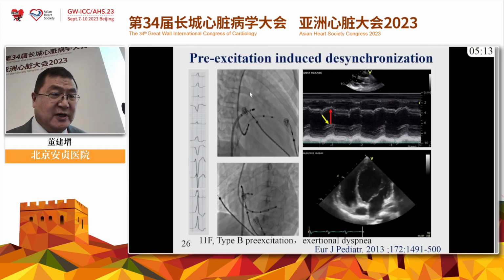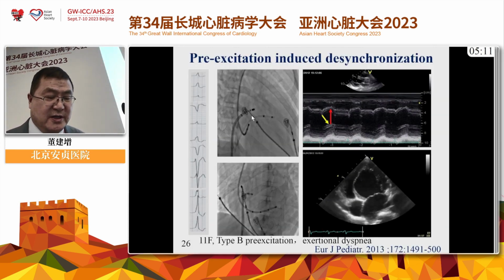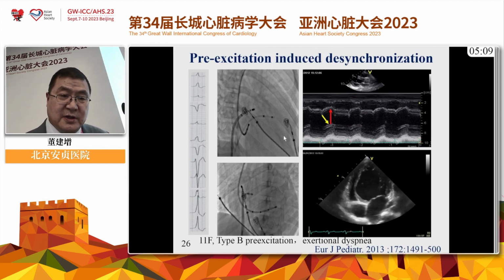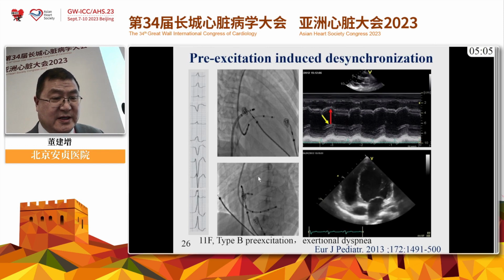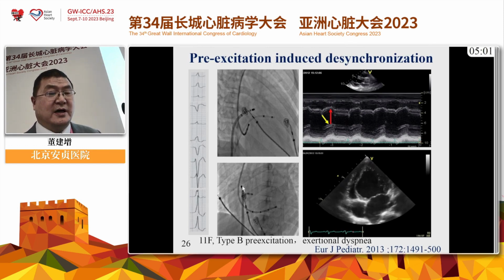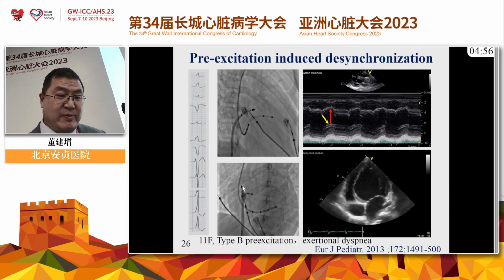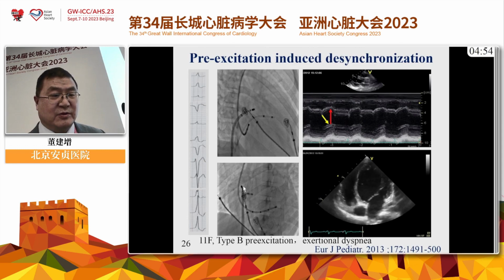This is our own patient, an 11-year-old girl. We can see this patient has a right-sided accessory pathway, type B pre-excitation. The accessory pathway is located at the 12 o'clock position of the tricuspid annulus.